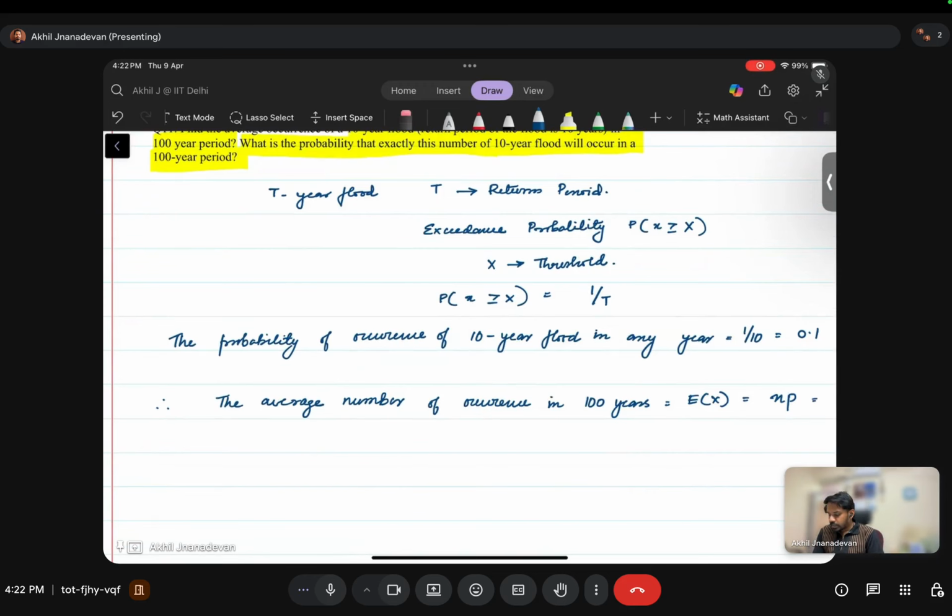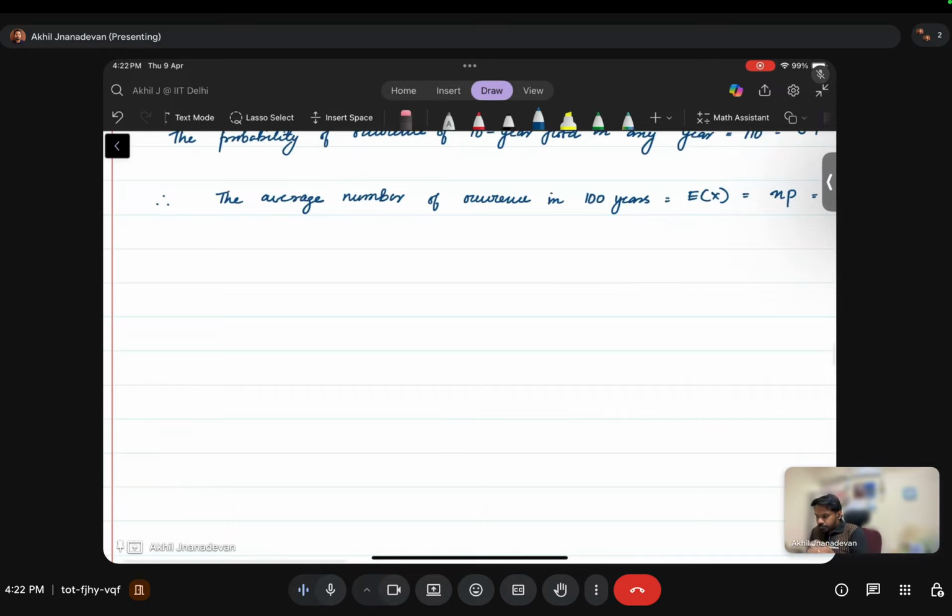There is one more part. It asks what is the probability that exactly this number of 10-year floods will occur in a 100-year period, right? So next is the probability of 10 occurrences of a 10-year flood in 100 years.